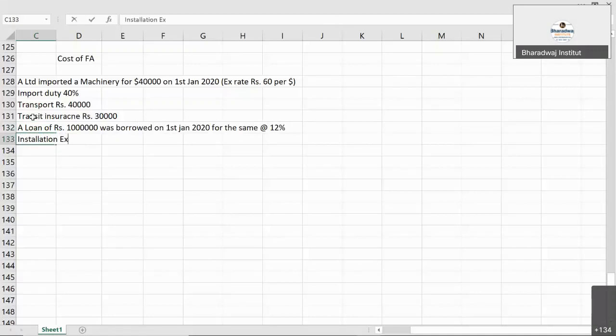Installation expenses is 75,000. Test running expenses is 30,000 per month from February 2020 to April 2020.